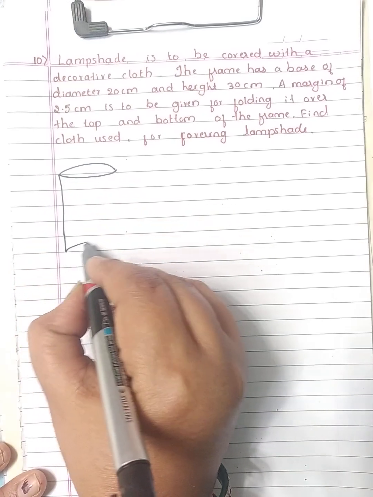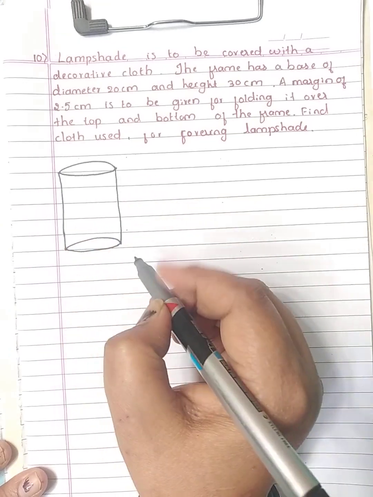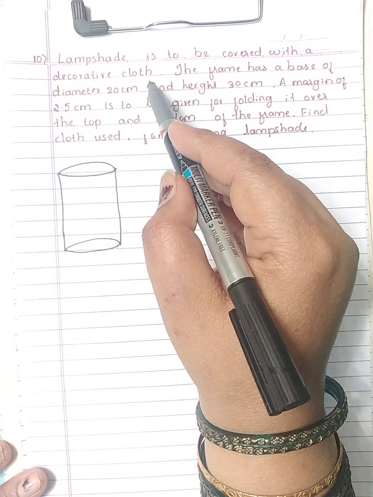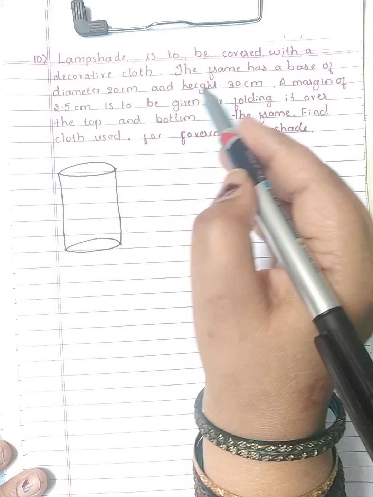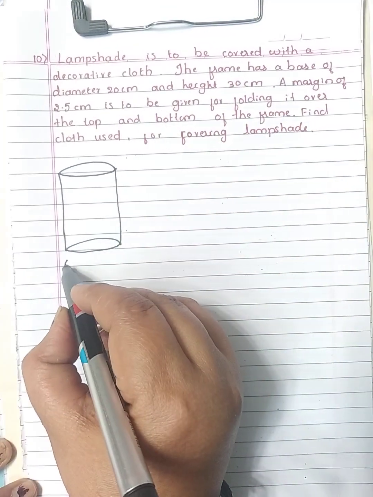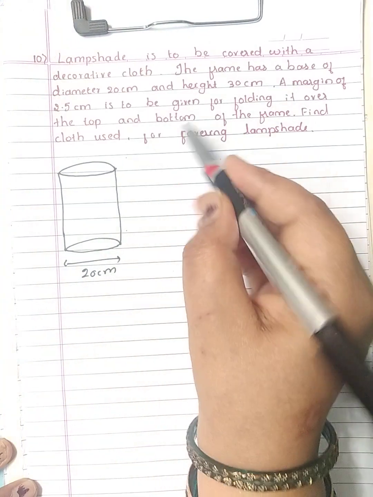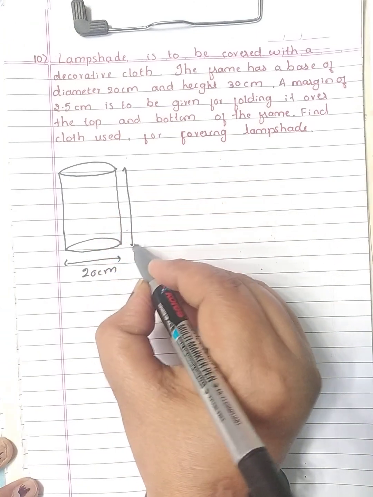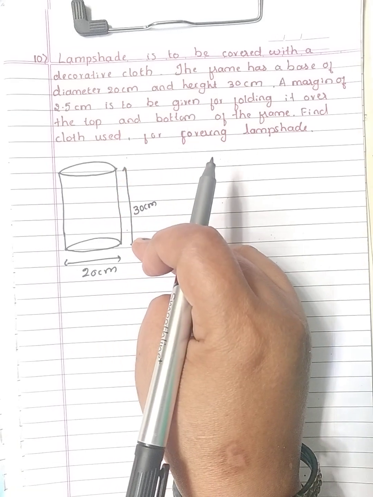This is the lampshade. It is to be covered with a decorative cloth, and the frame has a base diameter of 20 centimeter and height of 30 centimeter.